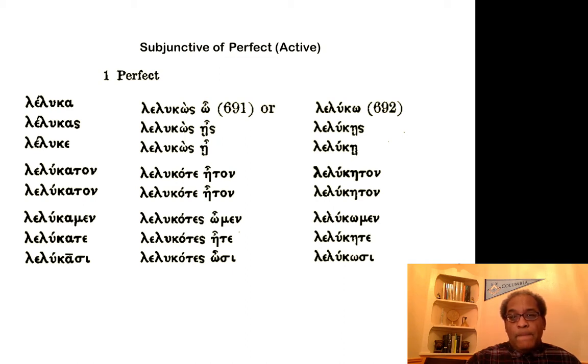But do note that in this periphrastic form, you have to decline the participial part as nominative, dual, or plural, depending on where you are in the paradigm. We'll look at that later. I doubt Homer actually uses this form, but you would most certainly see it in Attic and probably in the New Testament as well.